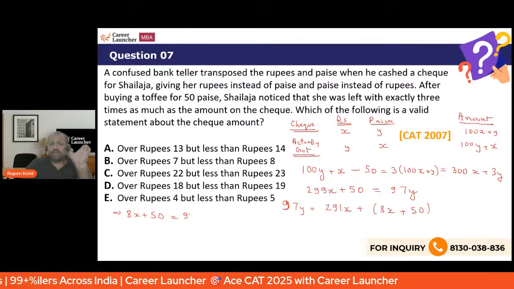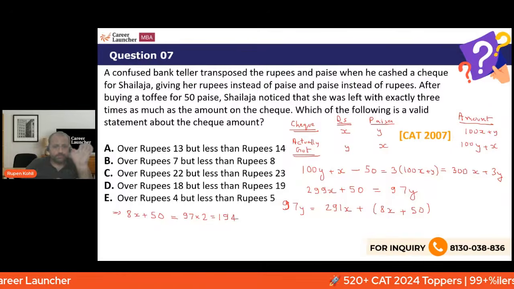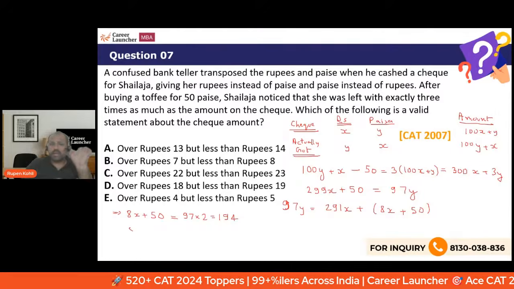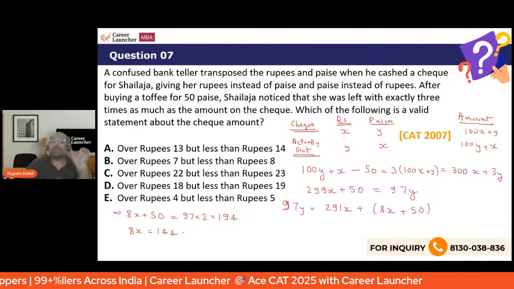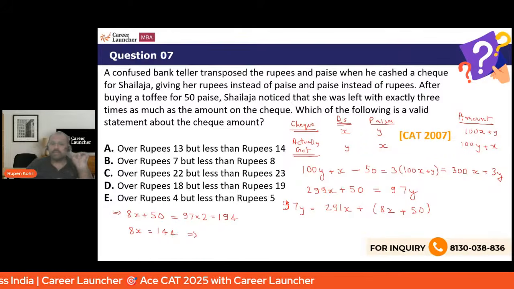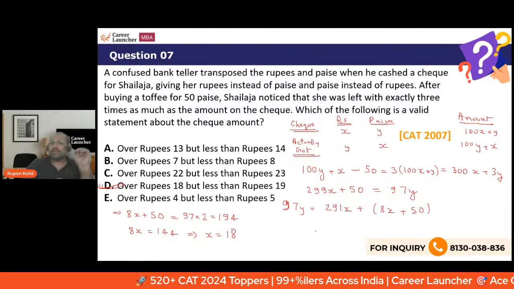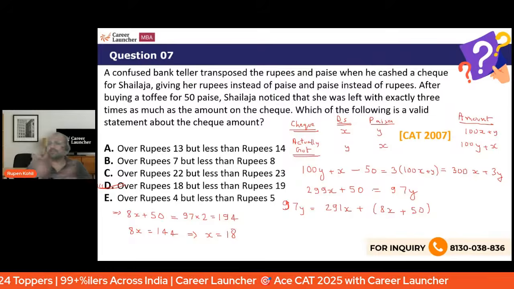I should start with 97 into 2, which is 194. That is the first possibility. With that, I'm getting 8x to be 194 minus 50, which is 144. Oh, bingo. The first trial itself has given us a valid value. I'm getting x as 18. Option D is rupees 18 and some paisa. You can also find the paisa by putting back x as 18 in the original equation.